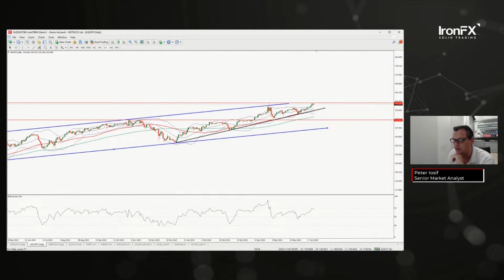Support line, you can see how that was a former resistance, has provided support as well. Seems to be pretty solid.